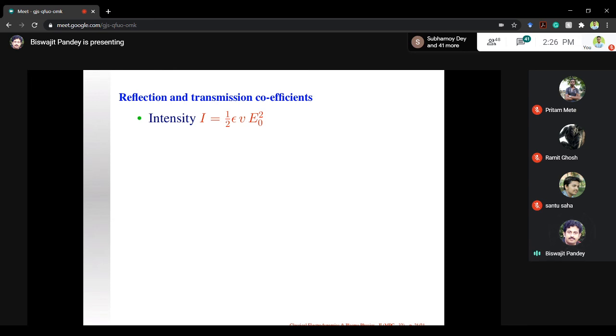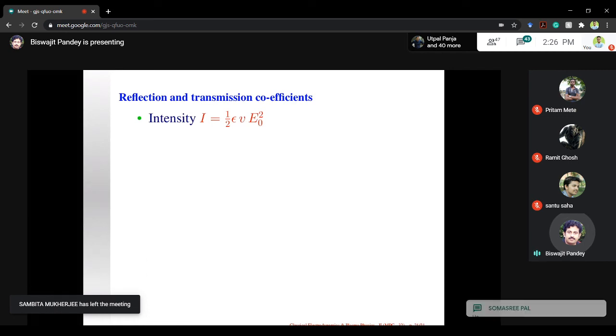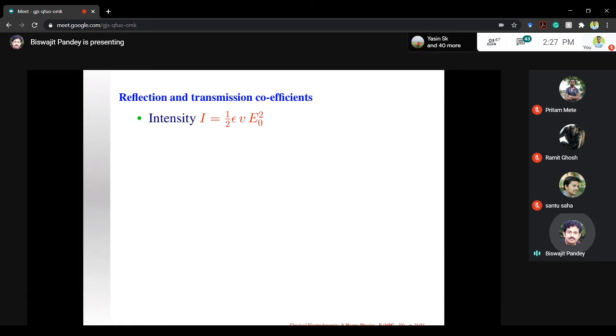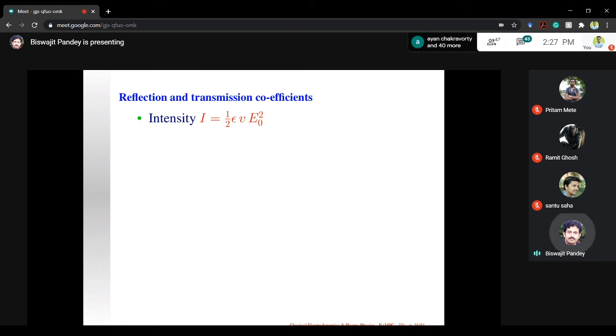B squared by mu 0 can be converted to epsilon and E, written in terms of epsilon and E. So it will be half epsilon E squared plus half epsilon E squared, symmetric. The energy is shared equally. They are democratic. Electric field and magnetic field have equal energy density. And if you sum them, you get epsilon E squared. And if you multiply with area, which is 1, and velocity v, you have epsilon E squared times v.